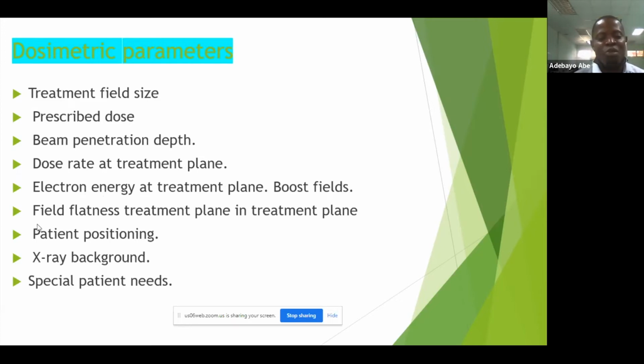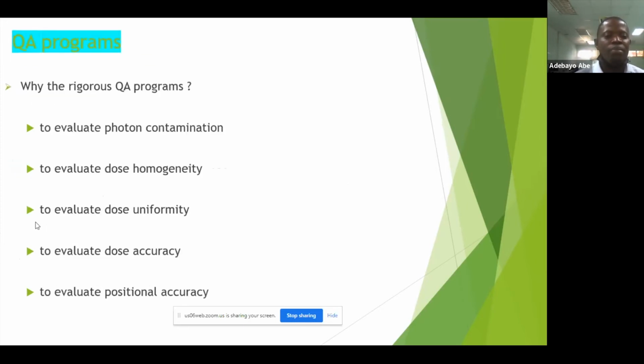Then X-ray background, which is photon contamination, you need to evaluate those parameters as well. QA program needed. Why the rigorous QA program is to evaluate the photon contamination. Because when you put a spoiler, you increase the scatter and the electron energy gets harder.